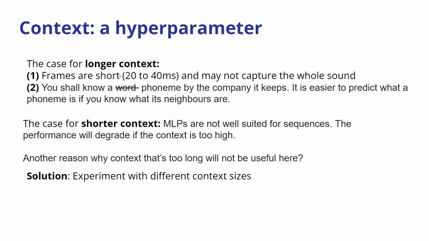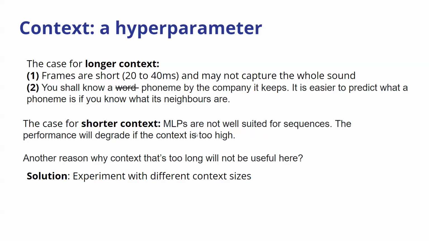But you can't just have arbitrarily long context, because the model we're using, the MLP, is based on linear layers. They're not designed to work with sequence input. In fact, the model probably doesn't even know that frame 1 and frame 2 are following each other in time, because we don't have recurrence and we don't have, for example, the case of a transformer with positional encoding.